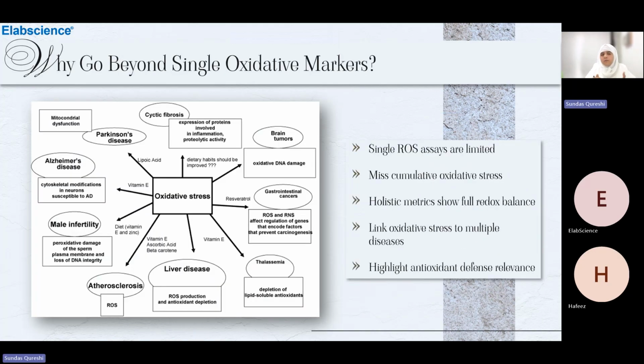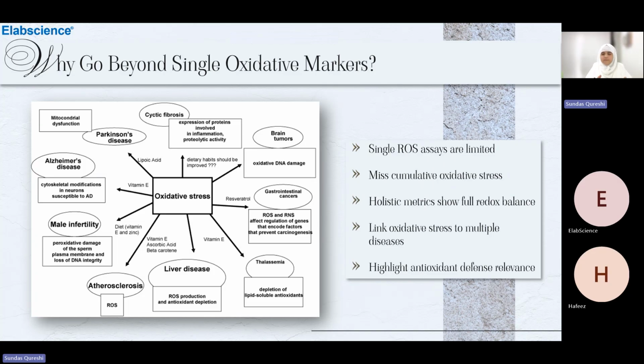Why do we have to go beyond a single oxidative marker? Because measuring only a single reactive oxygen species gives a limited view of oxidative stress. Cells are exposed to a variety of oxidants, and looking at just one can miss the bigger picture.